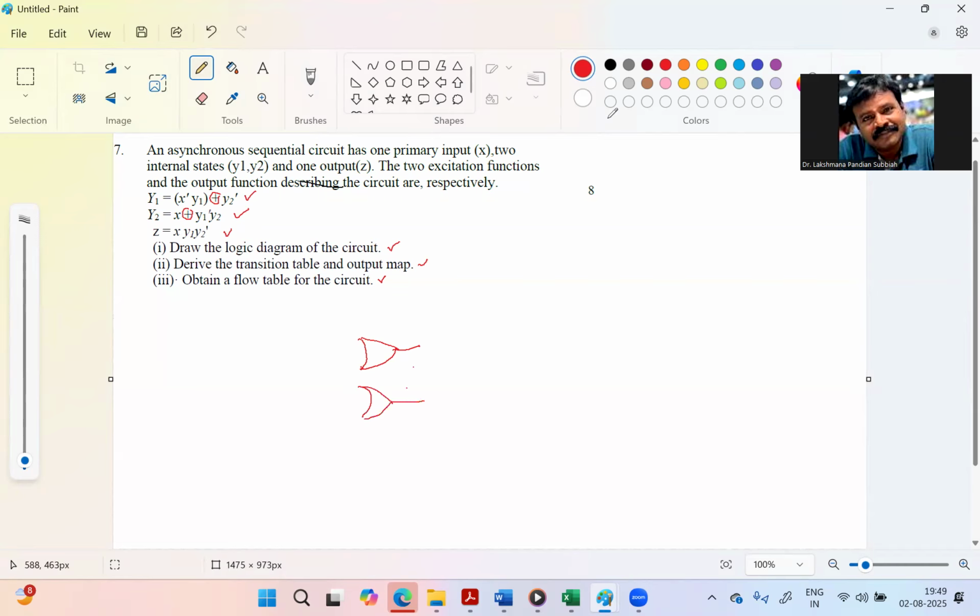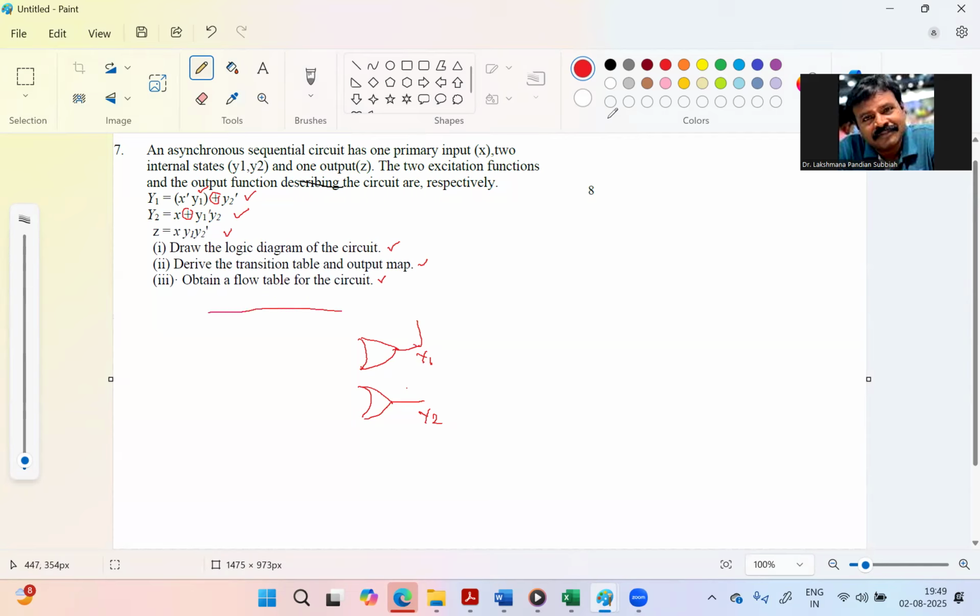Take the outputs as excitation variables capital Y1 and capital Y2. Now here you see this Y1 is a feedback path, so we have to take this as a feedback.